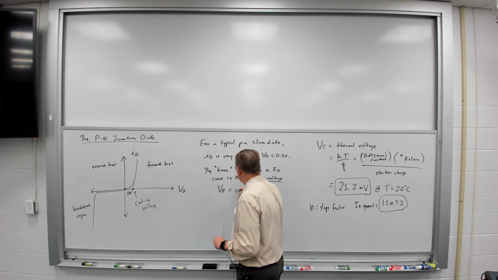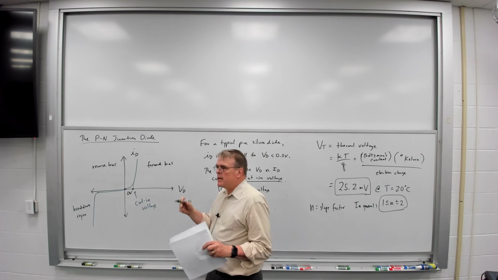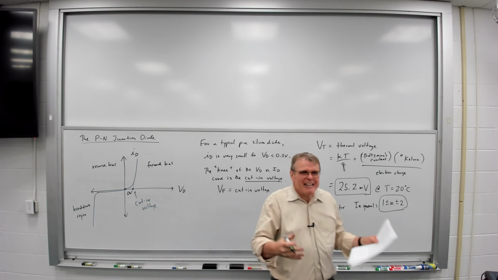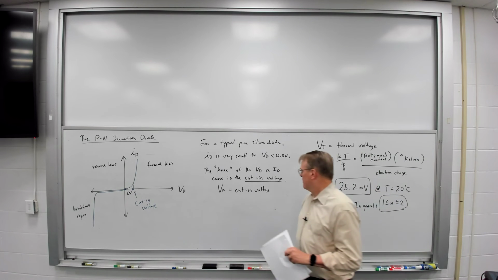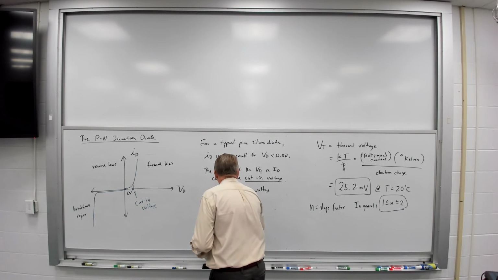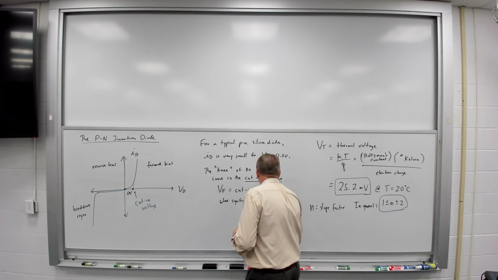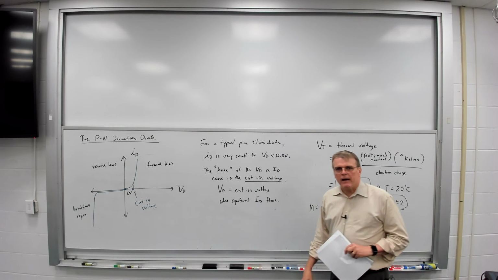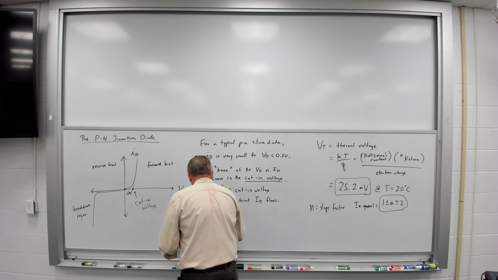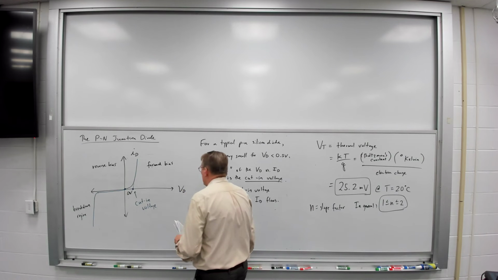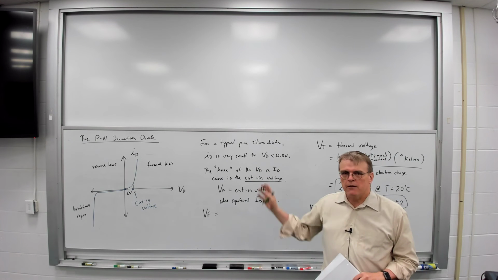The way to think about this is that when you reach VF, the diode is truly beginning to turn on. You're starting to have a significant amount of current flowing through the diode, so a significant amount of ID starts to appear. Typically VF will be somewhere in the range of about 0.6 to 0.8 volts for most standard silicon diodes.